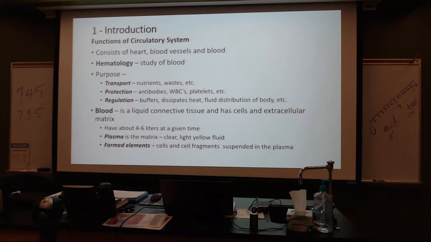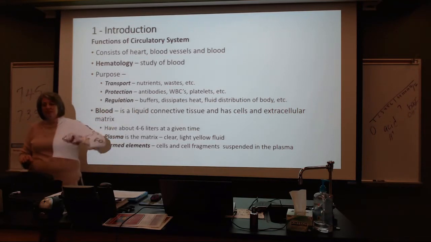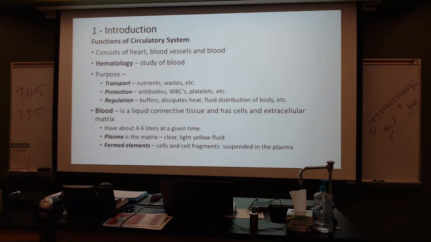So that becomes a major issue, a major function of the circulatory system. One of the other important functions is to help dissipate heat. For example, outside was cool, and so we're bundled up in our jackets.